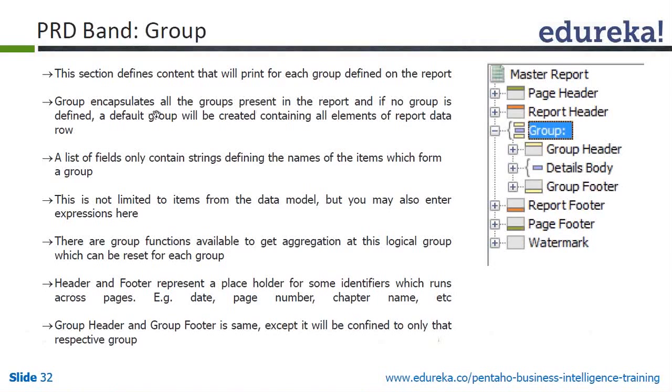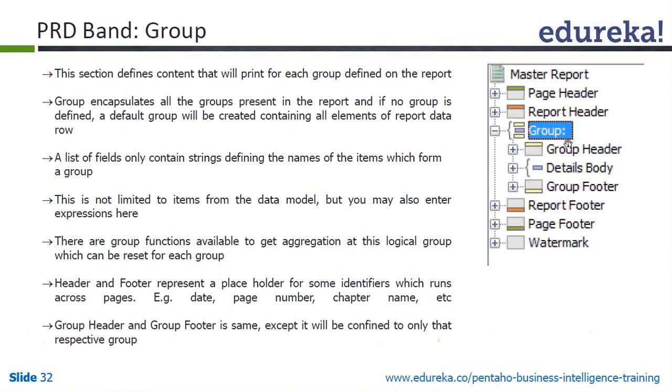So group encapsulates all the groups present in the report, and if no group is defined, a default group will be created. As far as reporting is concerned, a group is always present. Even if you are not explicitly defining one, by default it will create one default group and dump everything into that single default group.